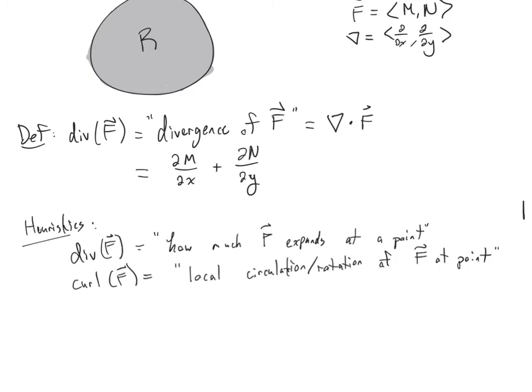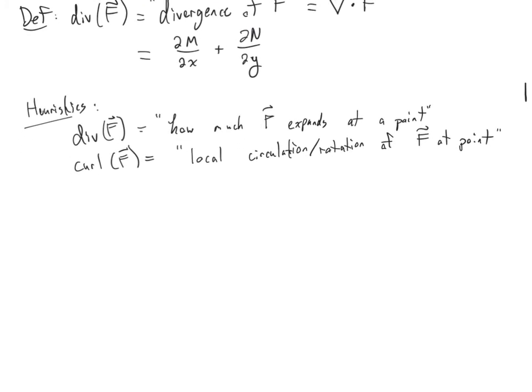So the way you should think about what Green's theorem is doing is that we have these two different forms of Green's theorem.